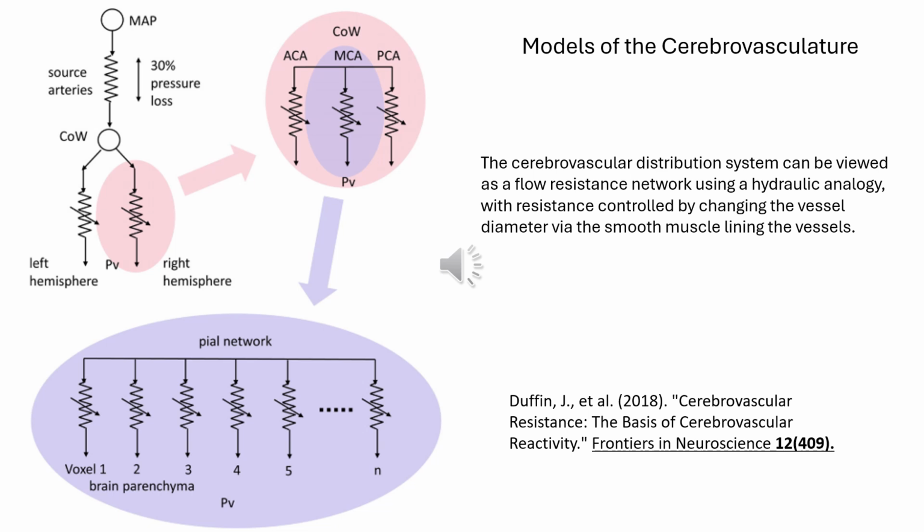Cortical blood flow is supplied to the circle of Willis, COW, via the source arteries, carotid and vertebral, distributed bilaterally to the hemispheres, and then by the major intracranial arteries, the middle cerebral artery, MCA, the anterior cerebral arteries, ACA, and the posterior cerebral arteries, PCA. And these feed their region of the cortex via the pial network to the brain parenchyma.